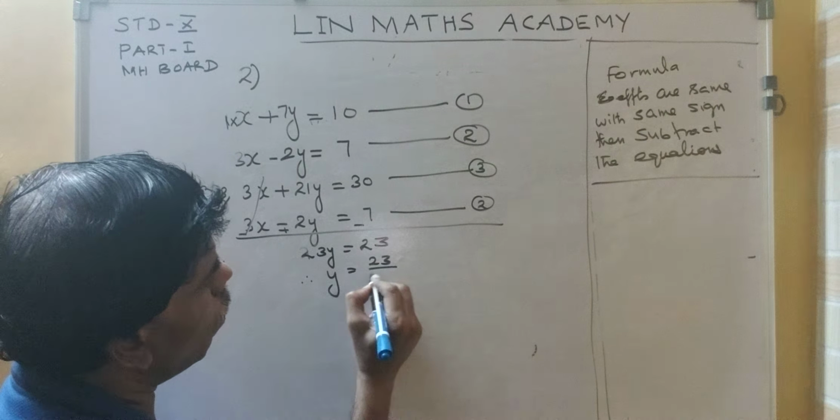Now again, in a similar way, substitute y equal to 1 in equation 1. We get x plus 7y equal to 10. So x plus 7 into 1 equal to 10. So x equal to 10 minus 7, equal to 3.